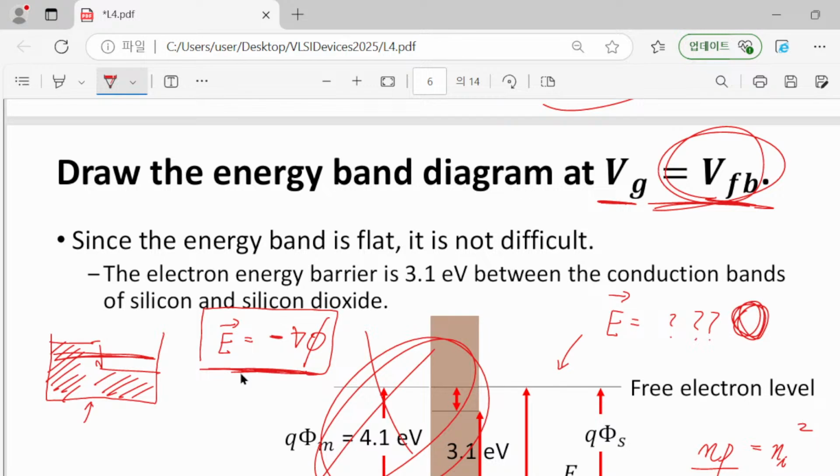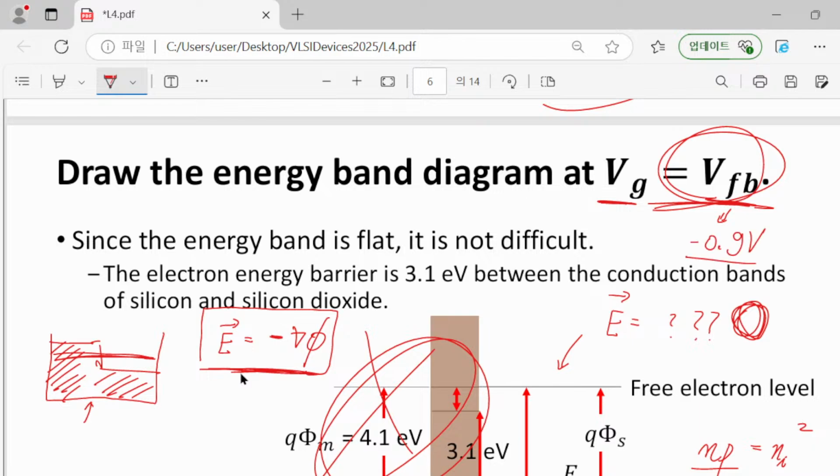Now, if we additionally apply a certain voltage over flat band, then we just treat it as a special excitation. For example, let's say that the flat band voltage happens to be minus 0.9 volt.